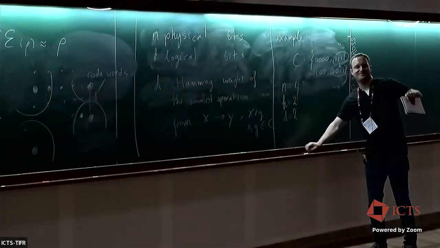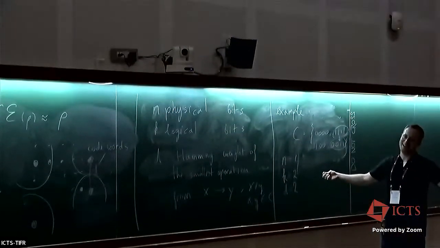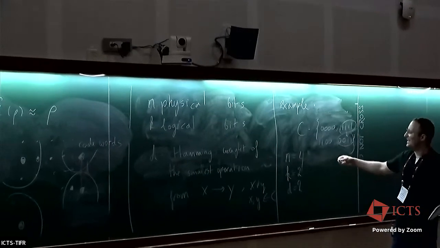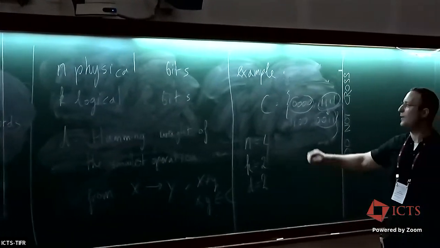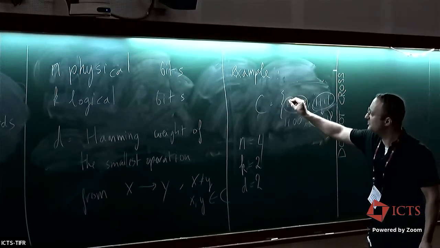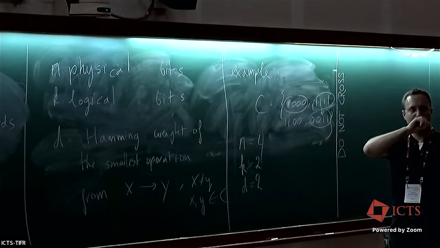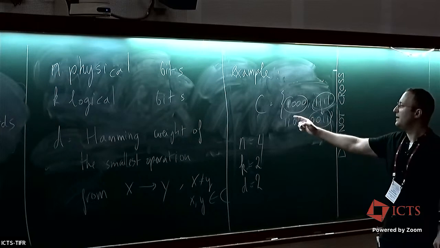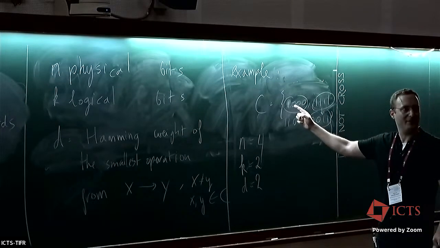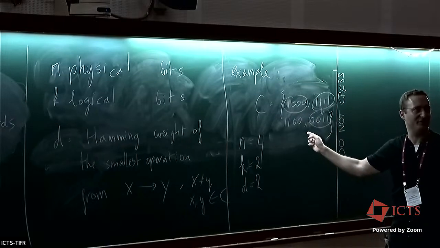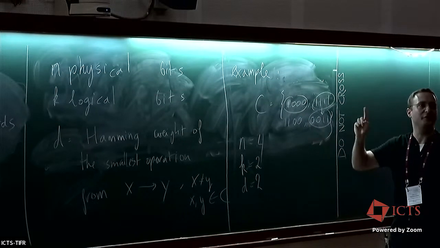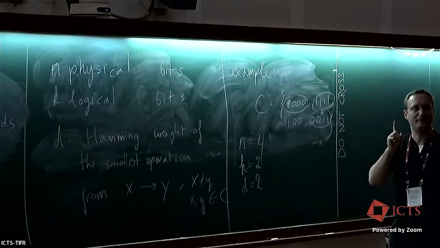No. Suppose you have one... okay, but you asked the question, I have to answer. That's how it works. Suppose you start with 0, 0, 0, 0. And now you have one bit flip and you go to this. Now you can detect this error because it doesn't equal any of the original code words. d minus 1 is 1, so you can detect any single bit flip.